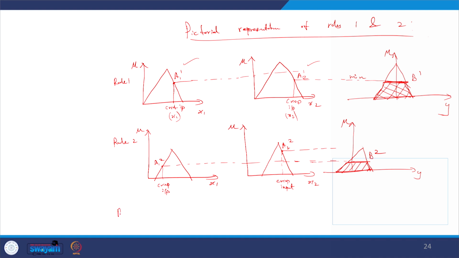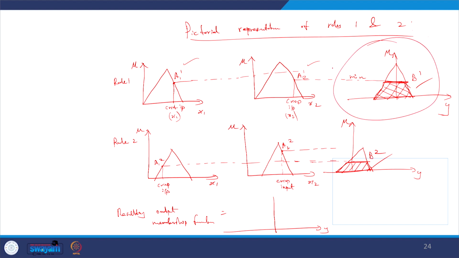Now, the resulting output membership function is given by the maximum of this and this. You get the output of rule 1, it is a minimum of these two function values of corresponding inputs x1 and x2.